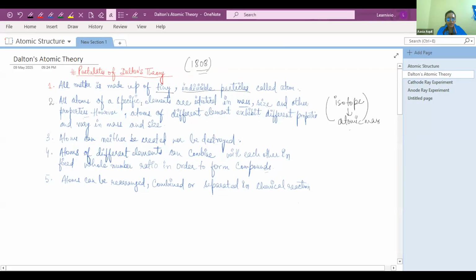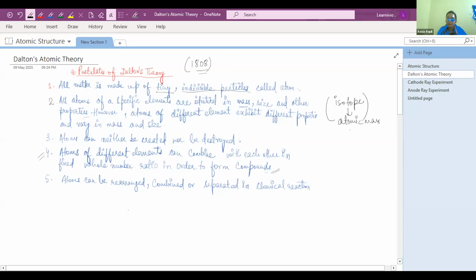Next, atoms can neither be created nor be destroyed. He just talked about the law of conservation of mass. The fourth point was that atoms of different elements can combine with each other in a fixed whole number ratio in order to form compounds.